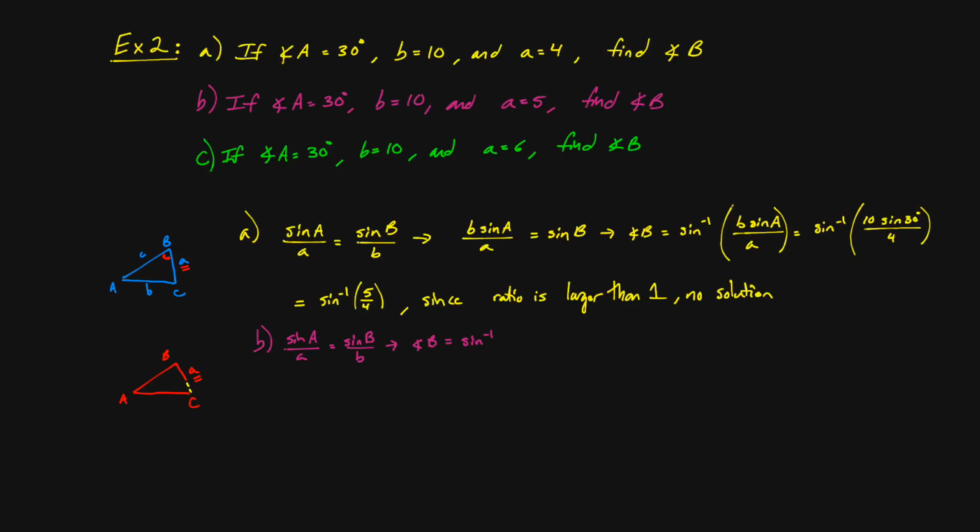Sine inverse of 10 sine 30 degrees over, now not 4, but 5. If we do that, you have sine of 30 degrees, which is 1/2, multiplied by 10. You're going to get sine inverse of 5 over 5, which is going to give you simply 90 degrees.